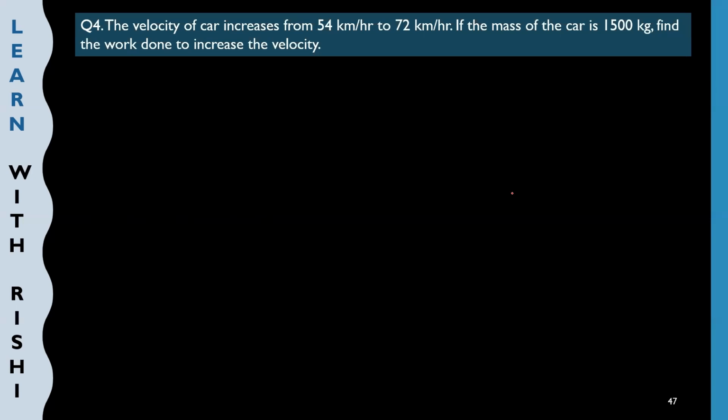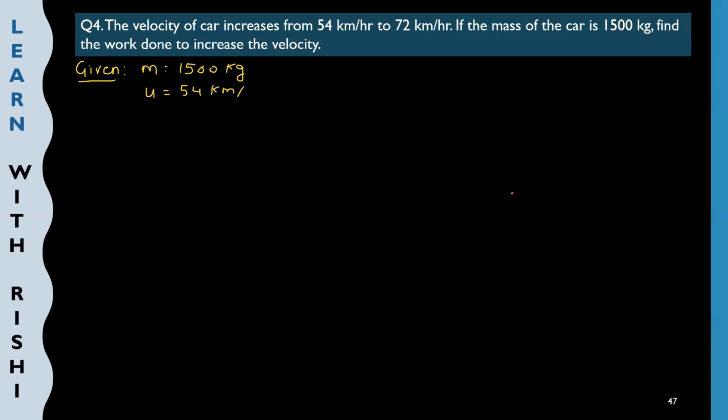So your given part is mass of the car, that is 1500 kg. Then they have given us velocity. Two velocities are given. If you read the question, increases from 54 to 72. So 54 becomes the initial velocity, which is denoted by small u, that is 54 kilometer per hour.